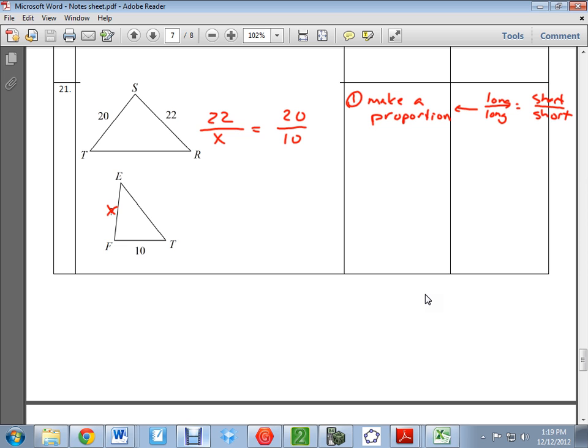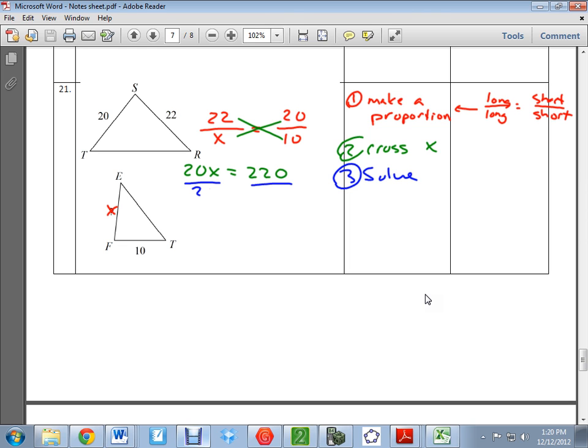Now, the second step after we set up a proportion is to cross multiply. X times 20 equals 10 times 22, which is 220. And after we cross multiply, of course, we should solve.